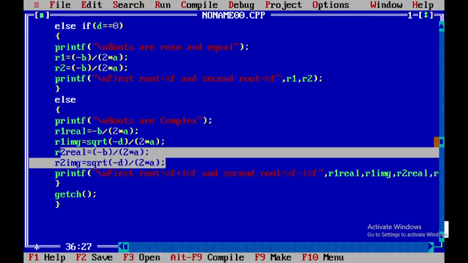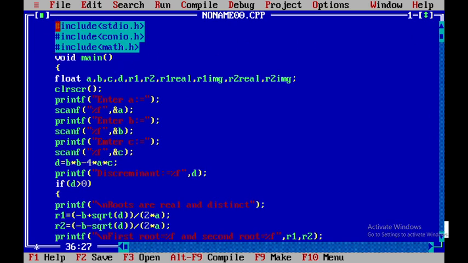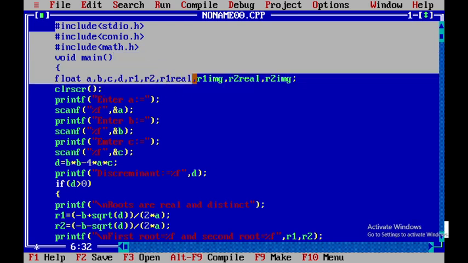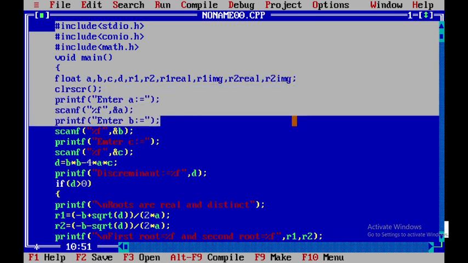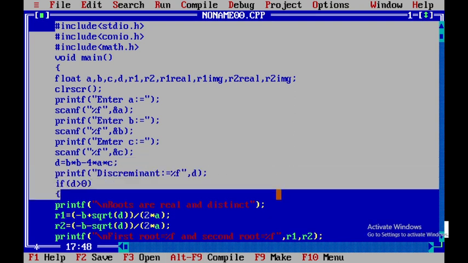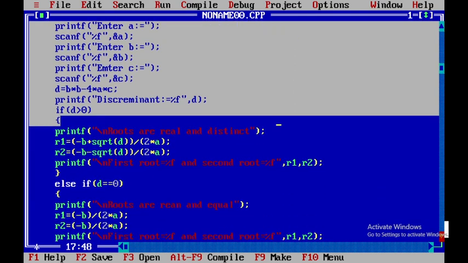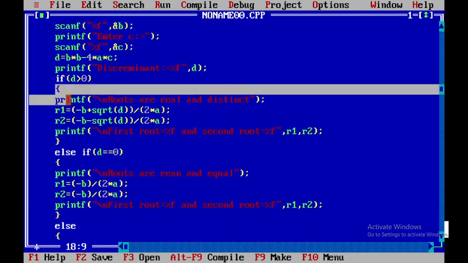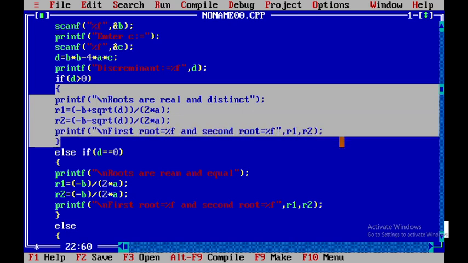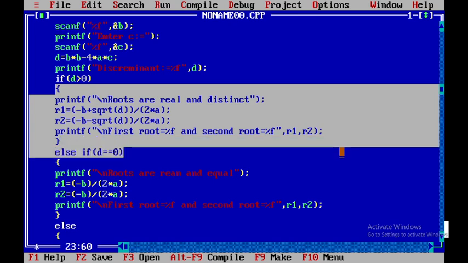So hope you understand this. I am going to go through it again. First we include the standard library and math library, then we define the variables a, b, c, d for the discriminant, and r1, r2 real and imaginary parts. Enter a, b, c, then find the value of d, then we print the value of the discriminant, and by using the next condition, if d is greater than 0, then roots are real and distinct, and we find the values of r1, r2.